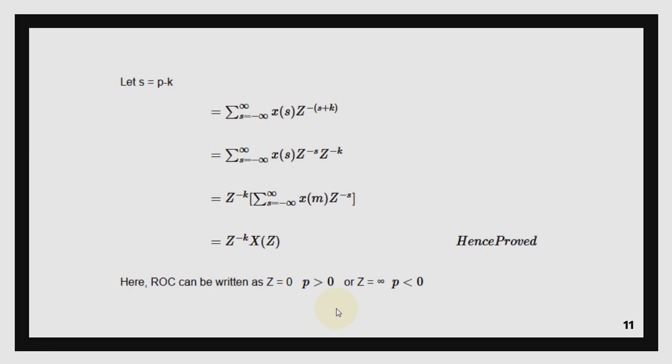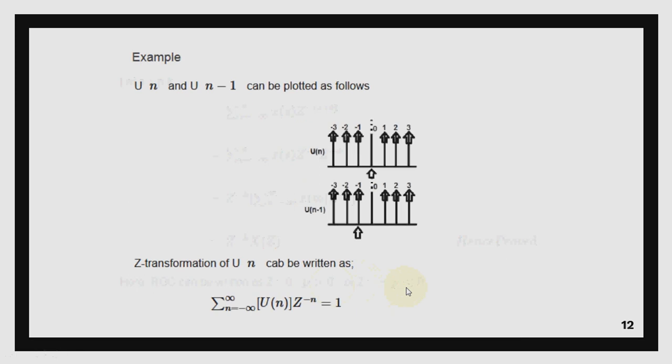Dividing the indexed bracket, x of s times z raised to minus s, times z raised to minus k. Take z raised to minus k outside the bracket. So summation s from minus infinity to infinity of x of s z raised to minus s. Hence proved: z raised to minus k X of z. The ROC is written as z equal to 0 for k greater than 0, or z equal to infinity for k less than 0.